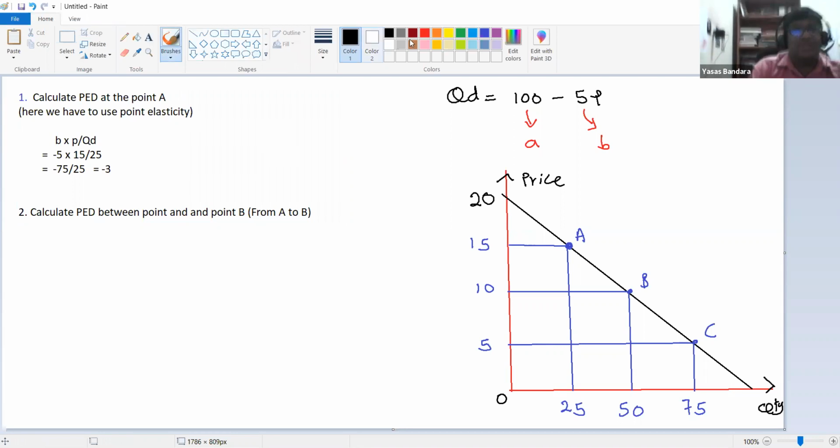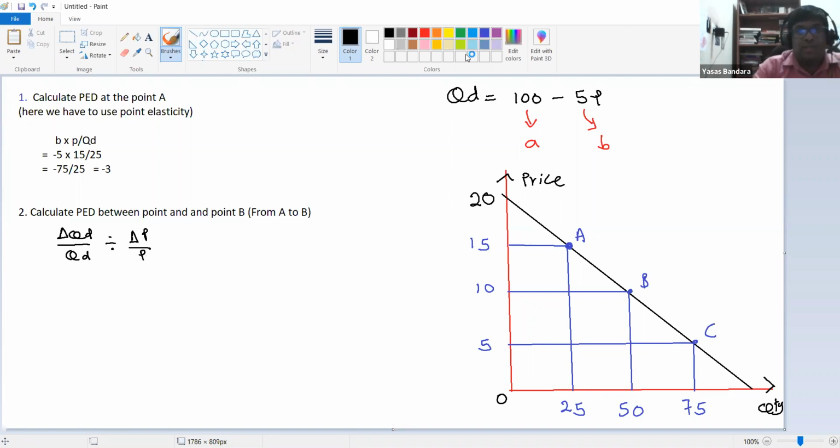Now what is that equation? Here you are going to use this equation: delta QD divided by QD, divided by delta P over P. Right? Now you can substitute.